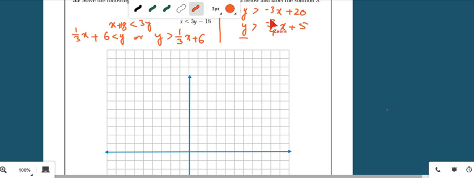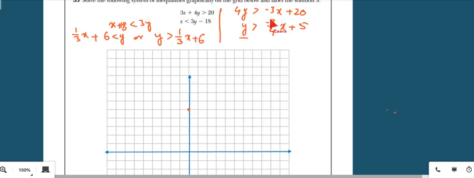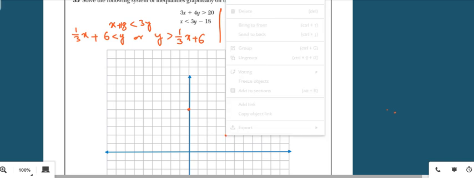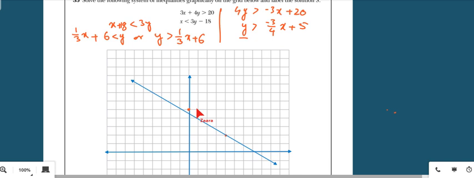So my starting point is 5, 1, 2, 3, 4, 5, the y-intercept, and then I have to move 3 units down, 4 units right. So 1, 2, 3 units down, 4 units right. 1, 2, 3, 4. Is it clear? Yep.